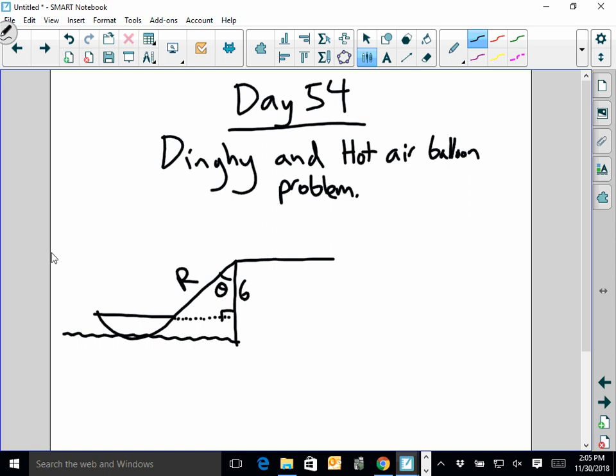The other aspect, if that rope is getting shorter, it's going to be pulling the boat closer to the dock. So the base of that triangle, I'll just call it B, is going to be changing as well. Again, I'm not going to put 10 in for R yet, and I'm not going to put in whatever the base is yet. I want my picture to have variables be letters, constants be numbers.